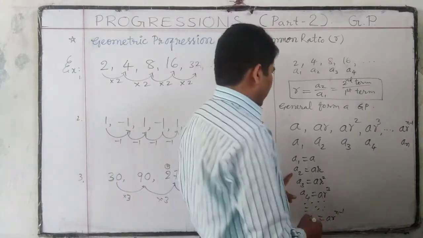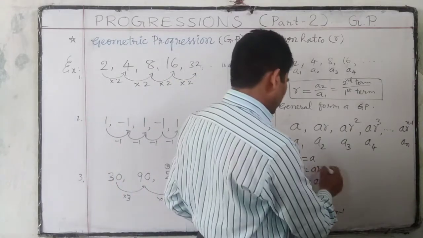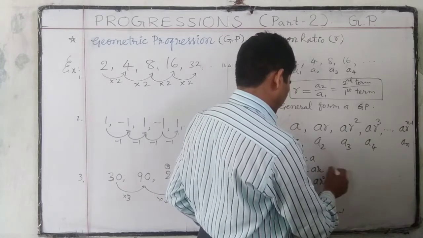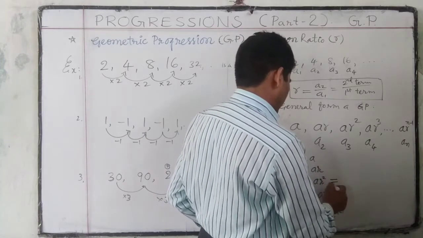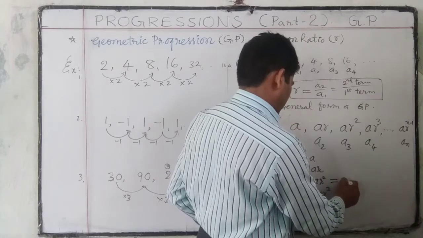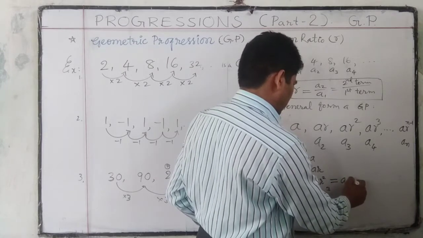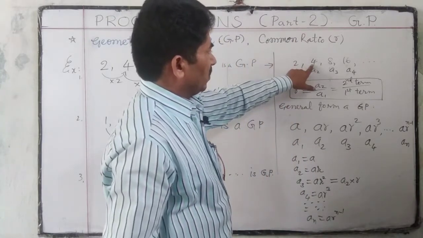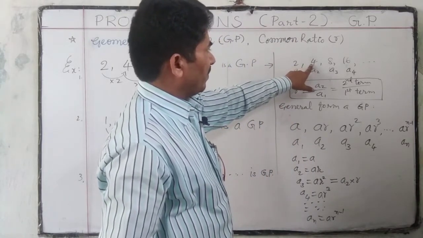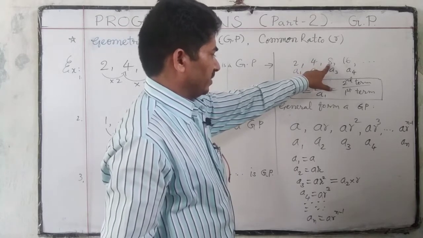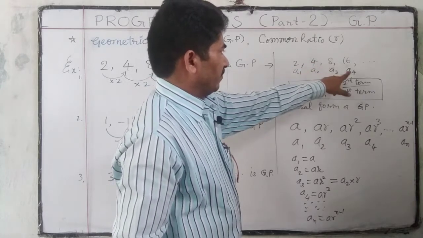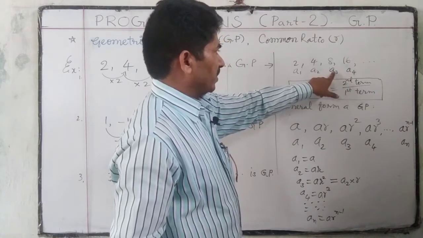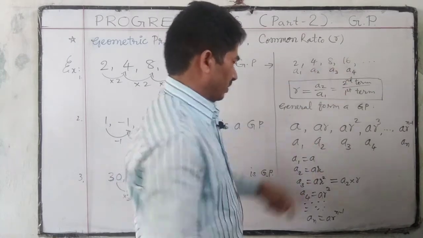And also we can write: a2 is a1 into common ratio. So a2 is 4, into common ratio 2 is 8. Next, how can we get a4? a3 into common ratio, 8 times 2 is 16.